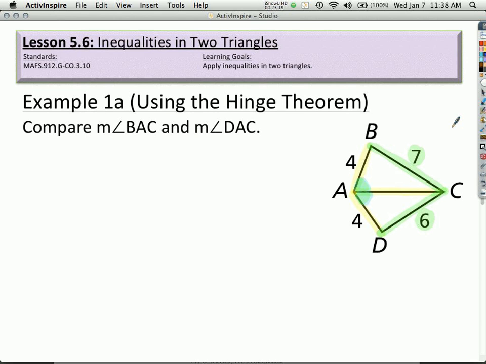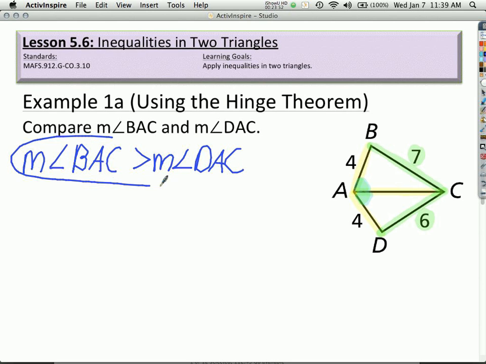What statement can you make about the two angles? Okay, let me ask it differently. Give me a thumbs up if you know something about those two angles now. Okay, good. John, go ahead. Very good. The measure of angle BAC is greater than the measure of angle DAC.